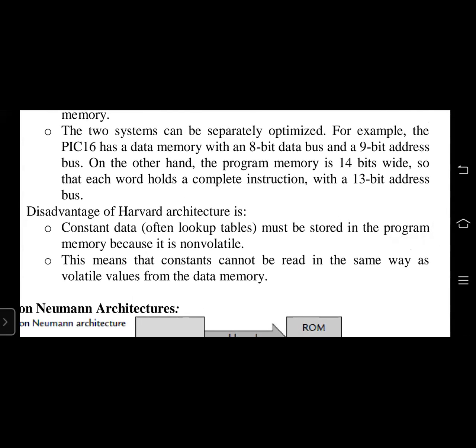What do you mean by an 8-bit data bus? What is a bus? A bus is nothing but a carrier, a wire which is carrying your data. Why is it called an 8-bit data bus? Because at a single time point, it can carry 8 bits of data.